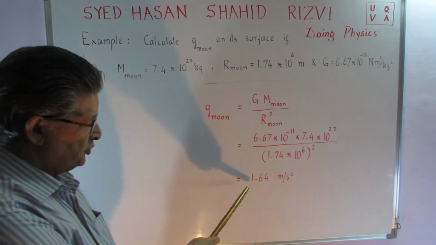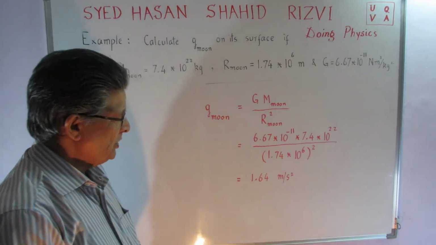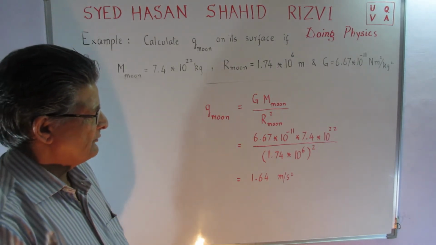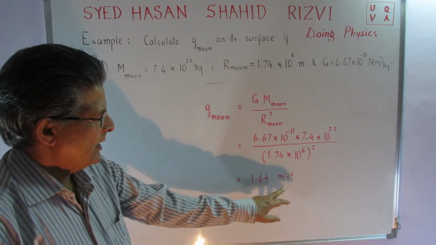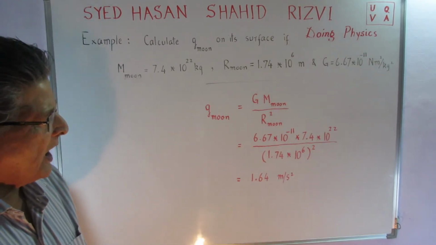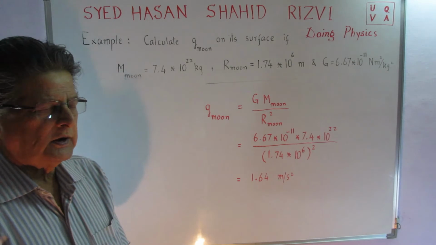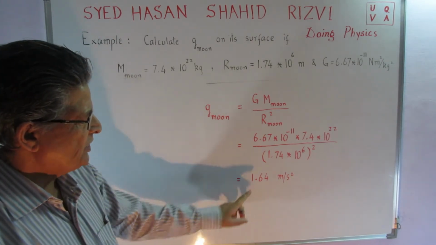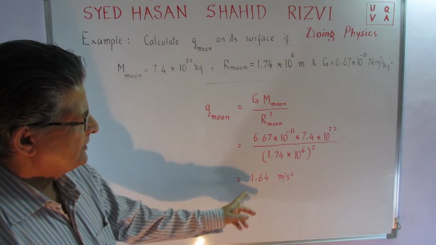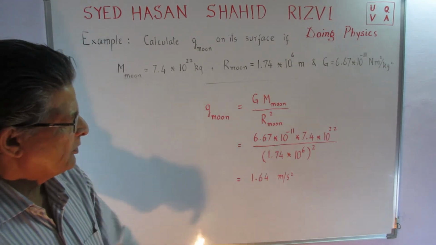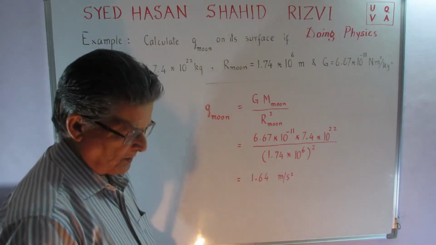This was important to show to you that on the surface of the moon, the value of acceleration due to gravity, or the field, is much less than the field at the surface of the earth. It turns out to be 1.64 meter per second square.